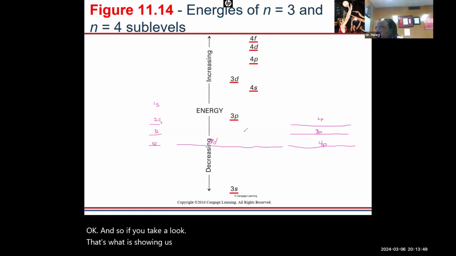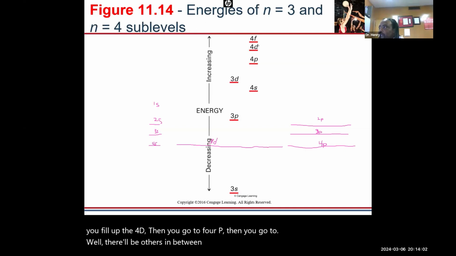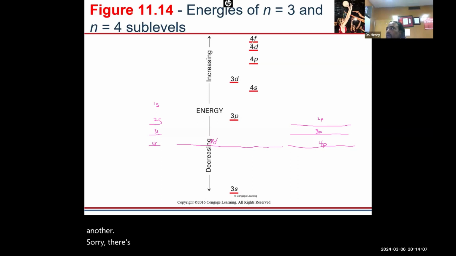Okay. And so if you take a look, that's what it's showing us here. So this is our 3s, this is our 3p, this is the 4s, then you fill up the 3d, then you go to 4p, then there'll be 5s, and then we have 4d, and then we'll have 5p.